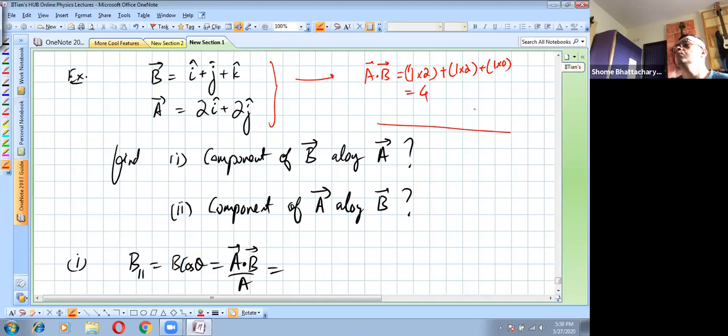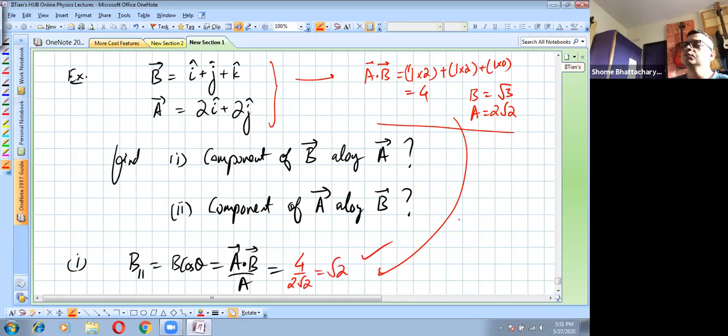And you can see mod A is how much? 2 and 2, so it is 2 root 2, whereas mod B is root 3. Now just substitute from here. So this just becomes 4 divided by 2 root 2, that's it. Now similarly work out the second part, the component of A along B. Work out the second part yourself, people.